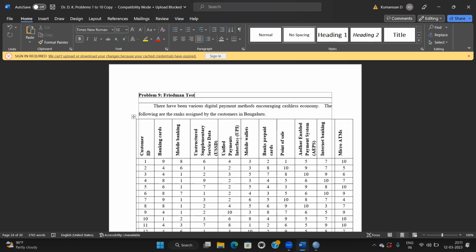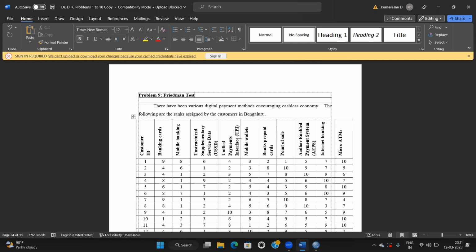Simply by using the Aadhaar card, you can withdraw funds. That is said to be AEPS. Then internet banking is quite popular. Then micro ATMs in villages where there is no on-site or off-site ATM. These micro ATMs are available to render services to village people or rural customers. So these are the different methods of digital payments.